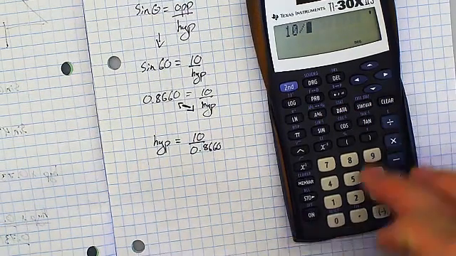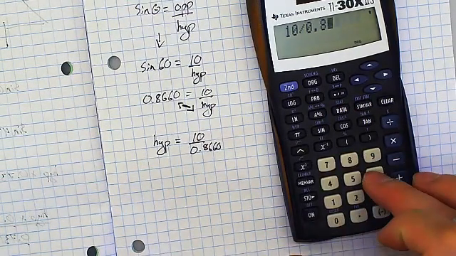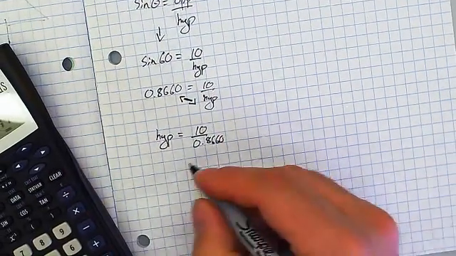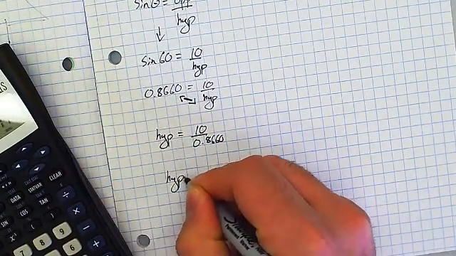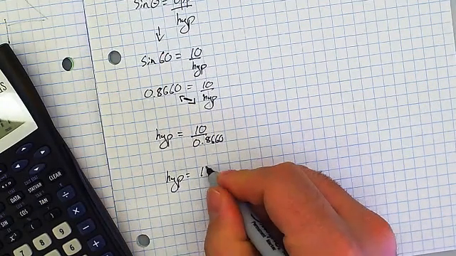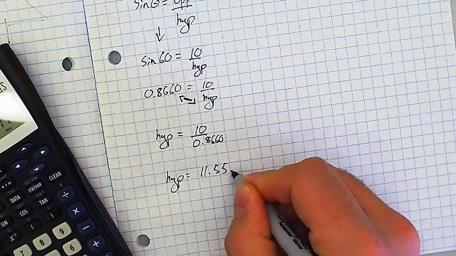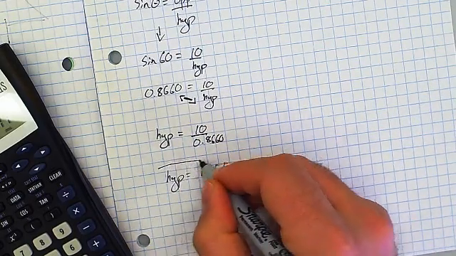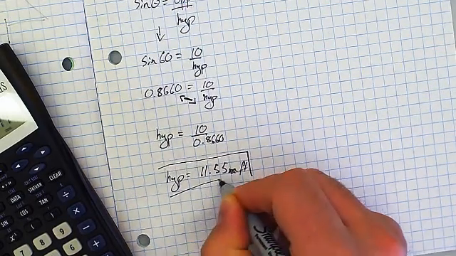My last step is to go 10 divided by 0.866, and I get a hypotenuse length of 11.55 meters. Oh, feet.